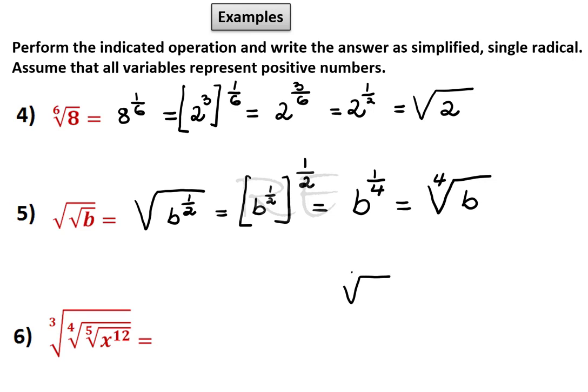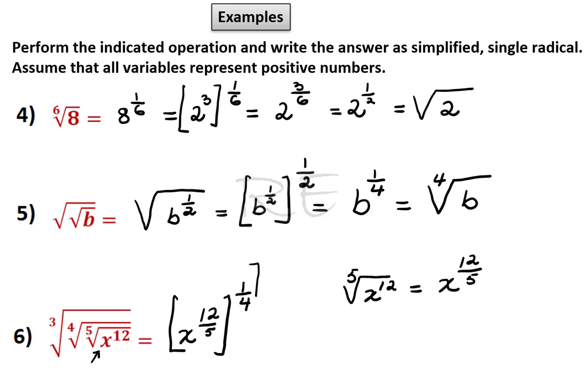6 is the third root of the fourth root of the fifth root of x to the 12. Fifth root of x to the 12, the inner function, is equal to x to the 12 over 5. Now it's x to the 12 over 5 to the 1/4 to the 1/3, following the pattern in exercise 5. Now we just have to multiply them.